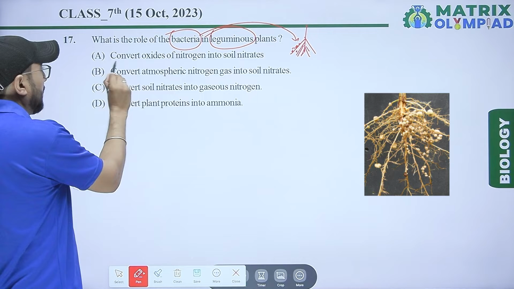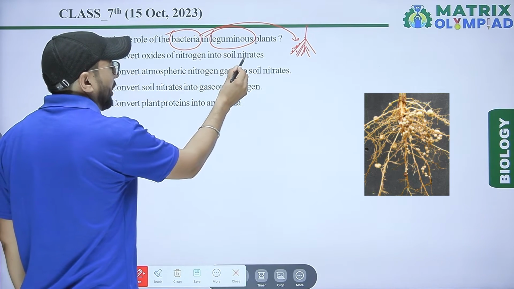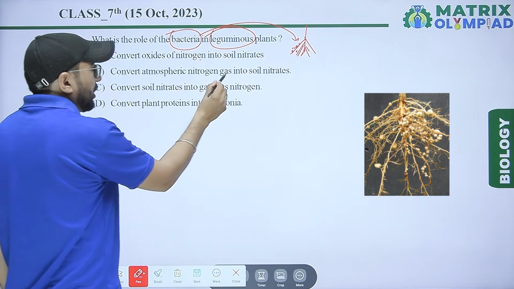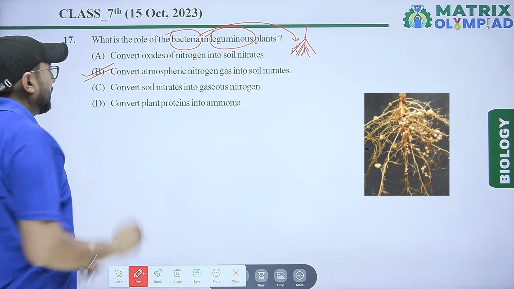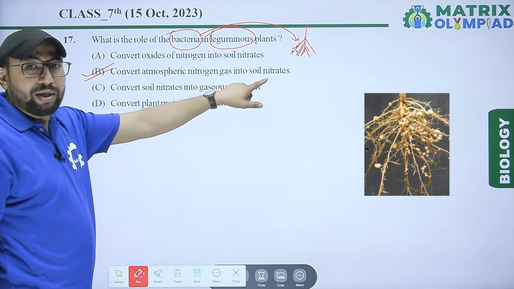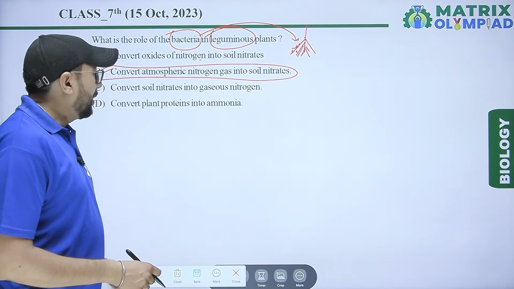Option A, convert oxide of nitrogen into soil nitrate? No. Convert atmospheric nitrogen gas into soil nitrate. The right answer is option B. Atmospheric nitrogen is converted into nitrates. Next question.